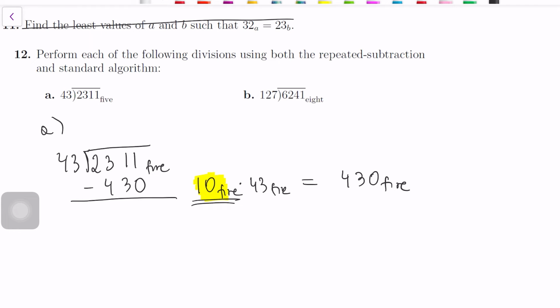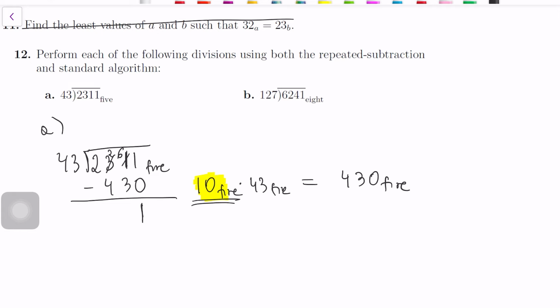So 1 minus 0 is 1. Now 1 minus 3, not enough, right? Longs. So I have to borrow the long from this. So that's going to give me now 2 flats. And now I have 2 longs. I'm in base 6, right? So 1 flat will create 5 longs.